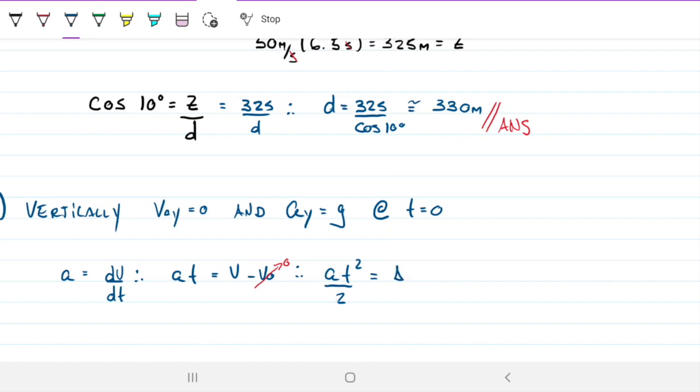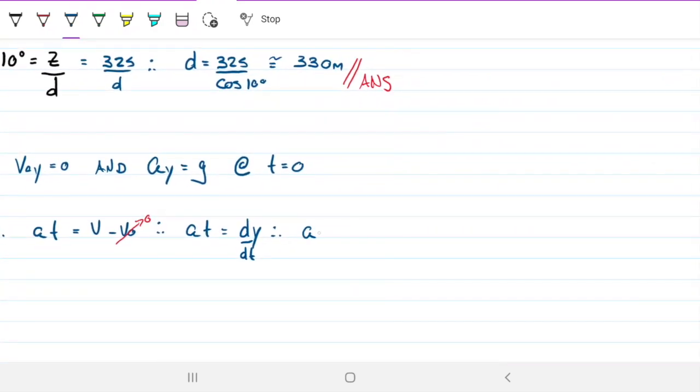I should probably do one more step before I jump in here. I can sub in where I have velocity: I know velocity is how my position is changing with time. So now I can integrate with respect to time on the left hand side and with respect to y on the right hand side. So this is going to give me at squared over 2 and delta y.